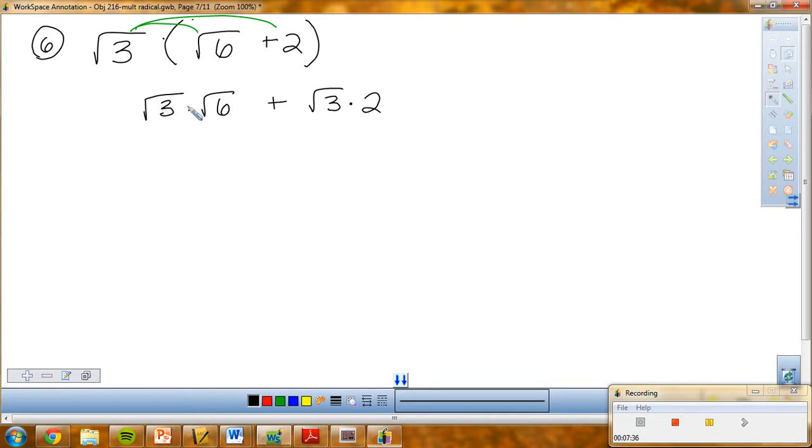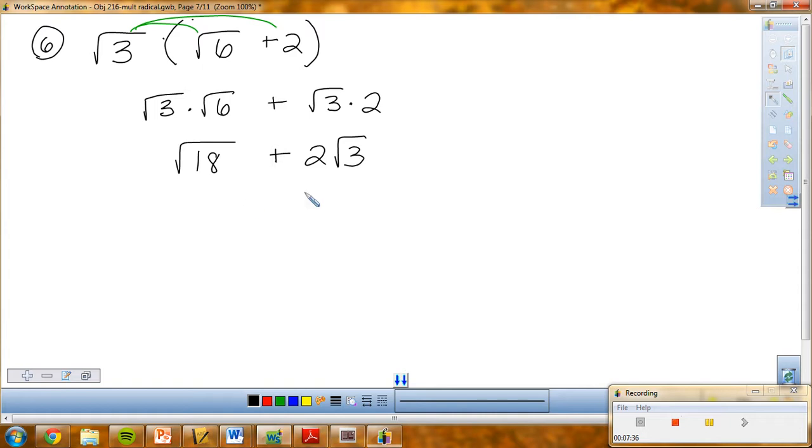So here there's nothing in front of our radicals, so really it's just 1 times 1. But inside we have a 3 and a 6, so inside I have 3 times 6, which is 18. Plus, here I have nothing in front but a 1, and 2 is technically outside of the radical, so 2 times 1 is 2. And 3 is the only thing inside, so we leave it as 3.